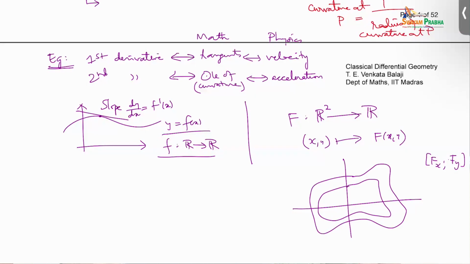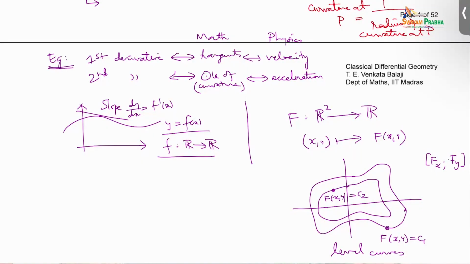For example, on this loop you have F(x, y) equal to c1, and maybe here you will get F(x, y) equal to c2. These are what are called level curves. Why are they called level curves? Because at every point on the curve the function value is the same.